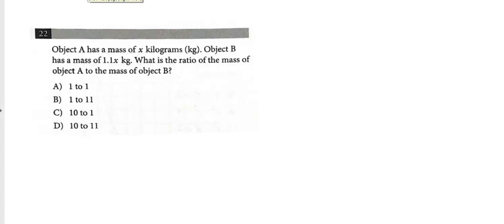Object A has a mass of X. Object B, all right, so we have A, B, we have a mass of X, and we have a mass of 1.1 times X. What is the ratio of A to B? Well, it's not 1 to 1, because that would mean they're the exact same.